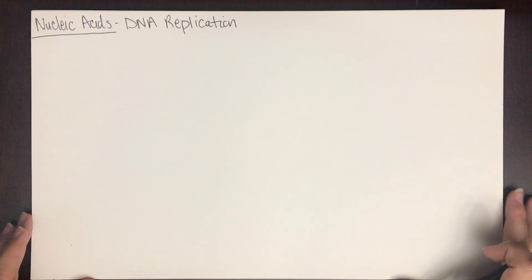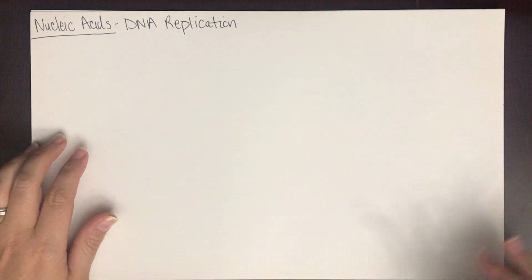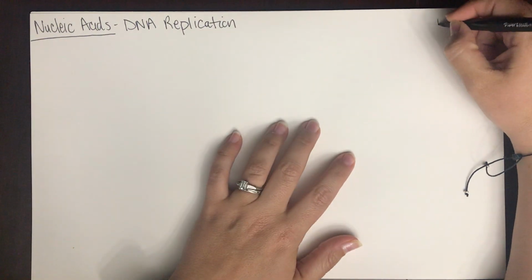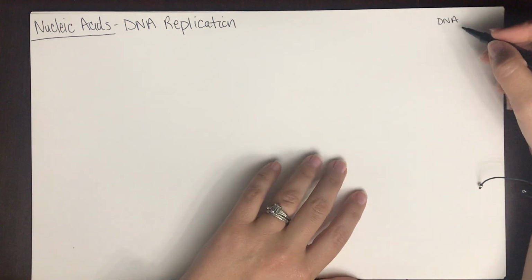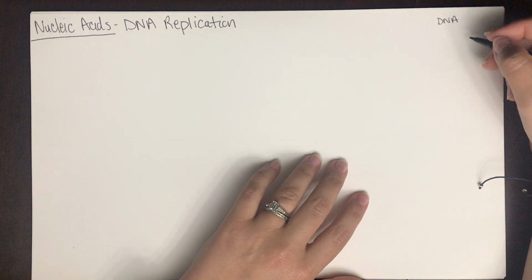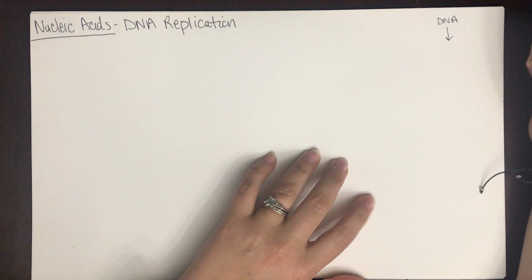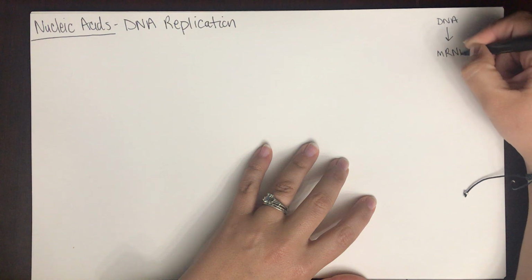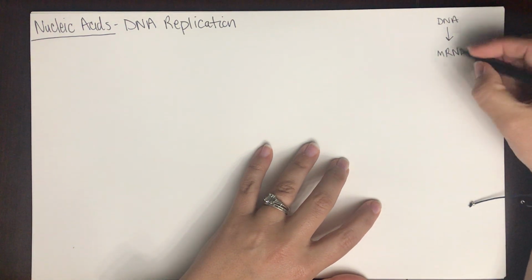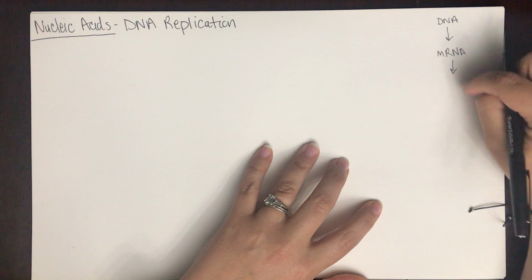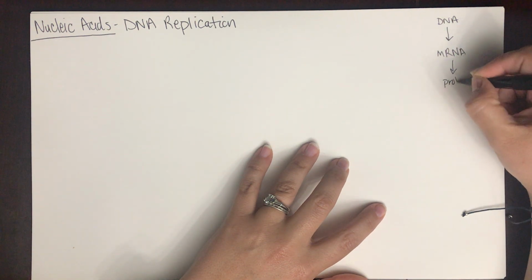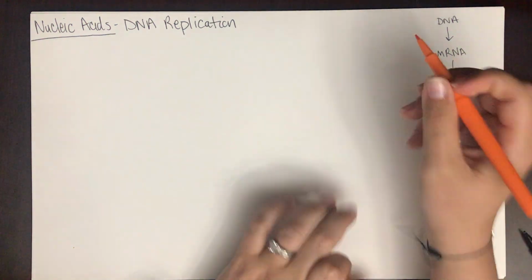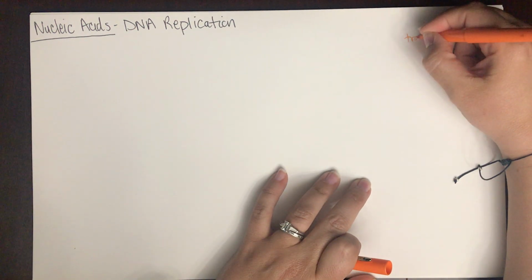In Chapter 1, we introduced the central dogma of molecular biology, which shows DNA, the code for all of the genetic information. DNA gets transcribed into RNA, specifically messenger RNA, and that messenger RNA gets translated into protein.